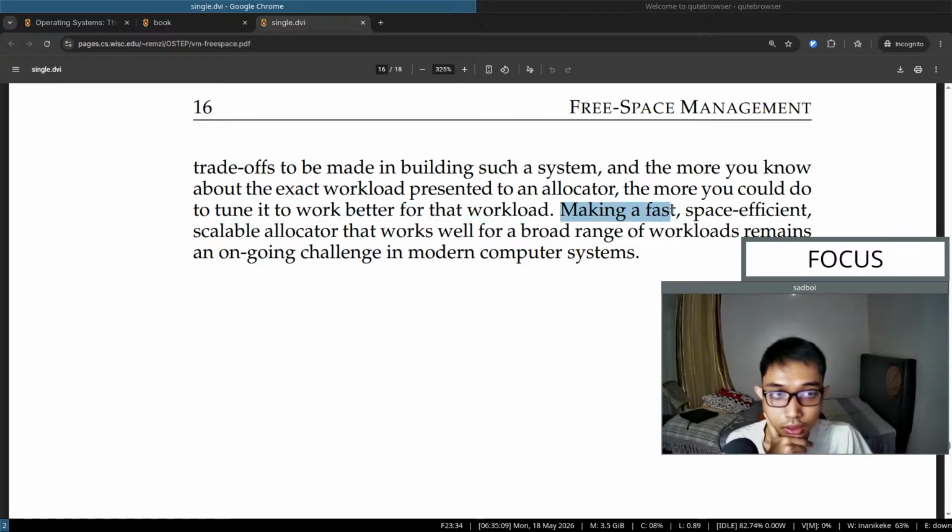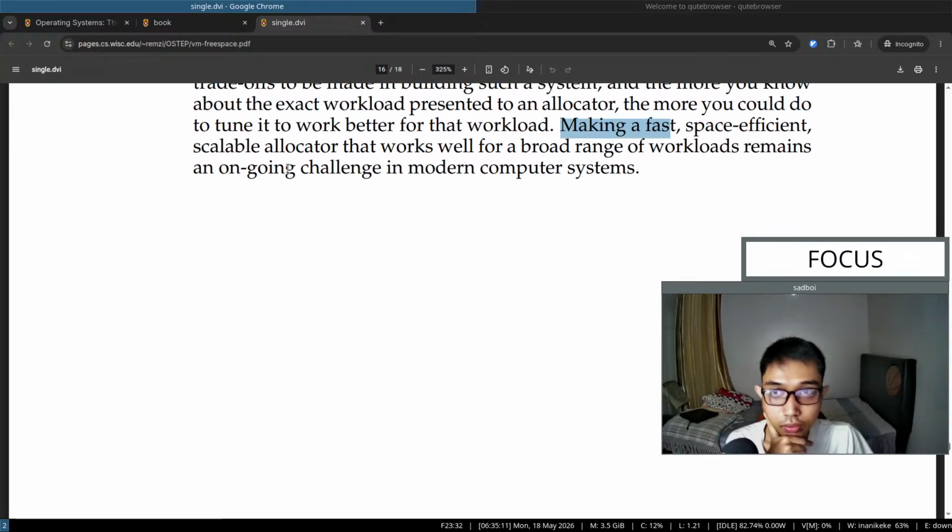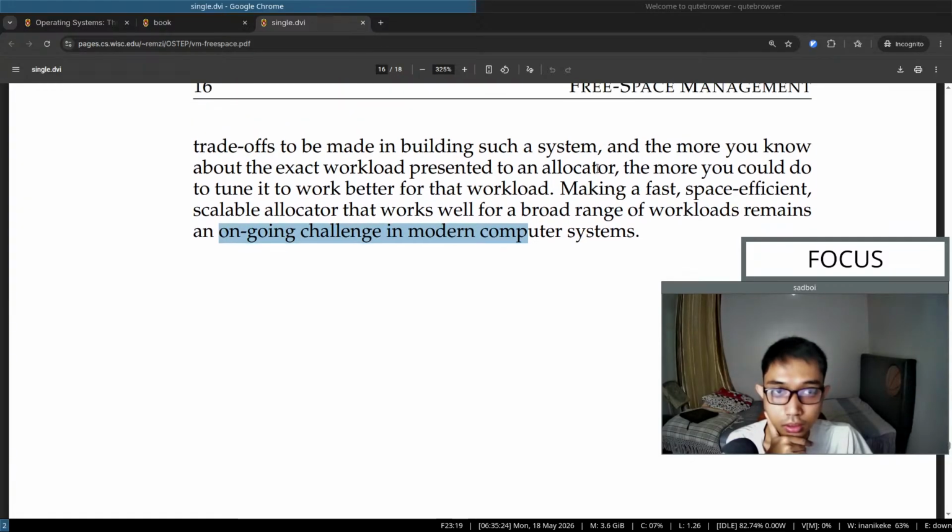Making a fast, space-efficient, scalable allocator that works well for a broad range of workloads remains an ongoing challenge in modern computer systems.